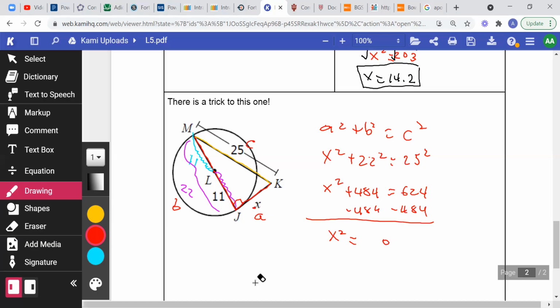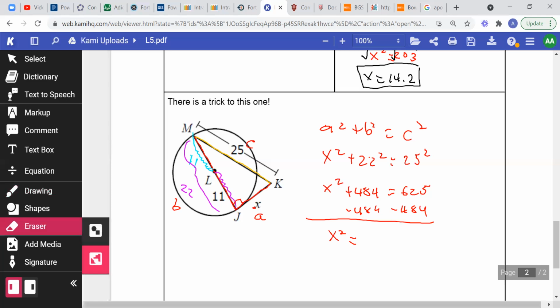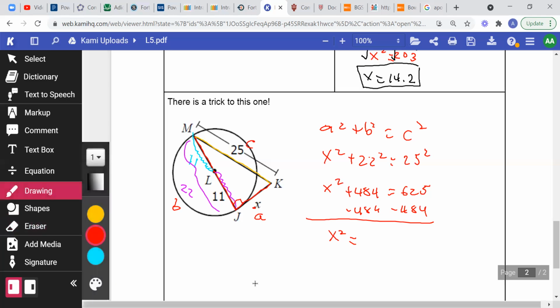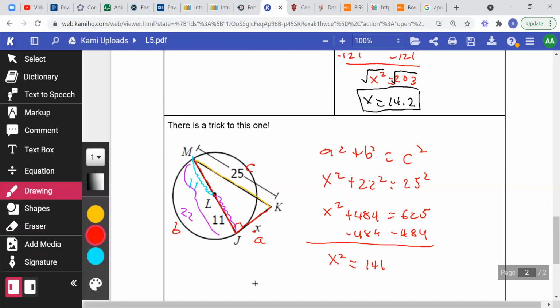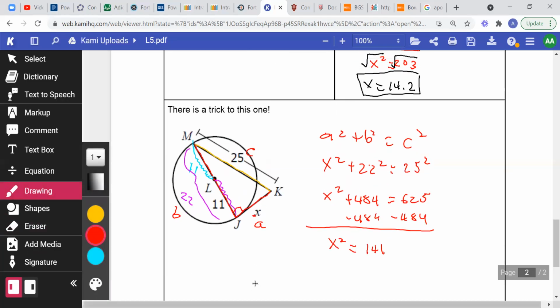I'm sorry, this is 5. So if X squared is 141, what do we do? Square root it. Okay. So if we root it, what does X become? X equals 11.9.